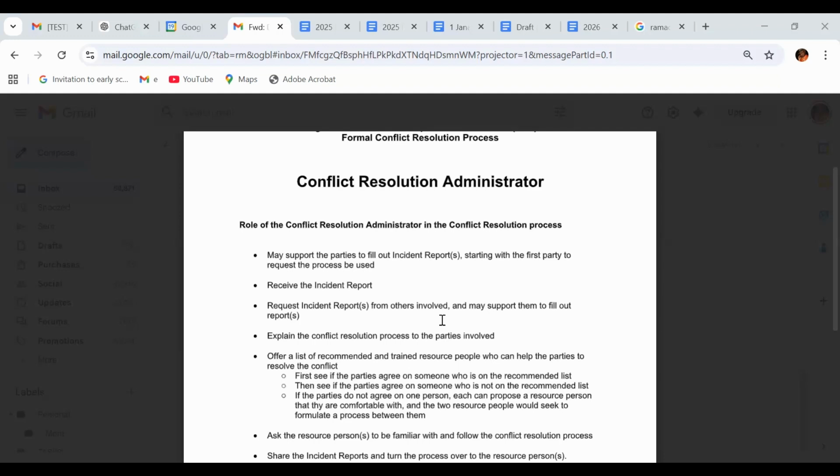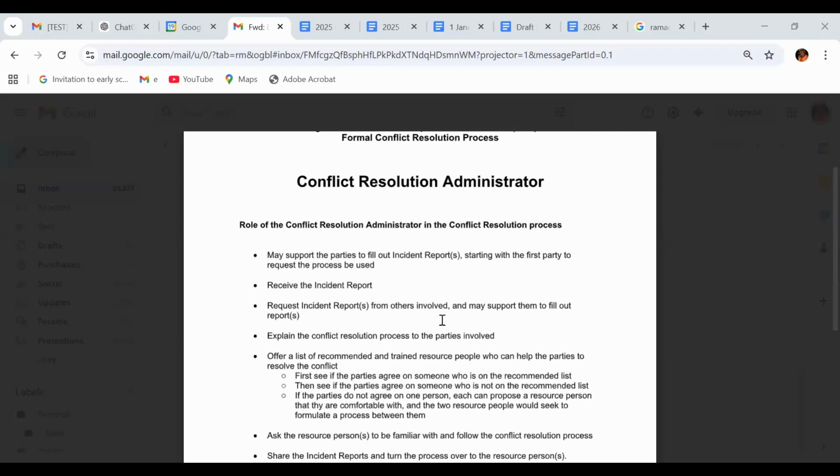Obviously, anybody who's going to do this position should be fully familiar with all the other documents that describe the process and the form that people are going to be filling out to start the process. And then the conflict resolution administrator is available to help people administer the process.